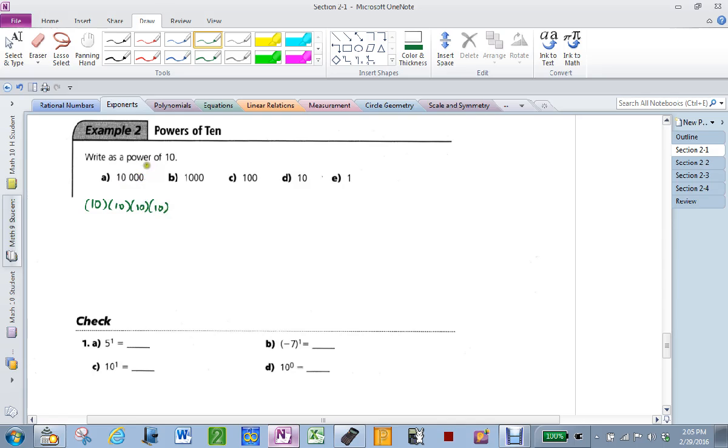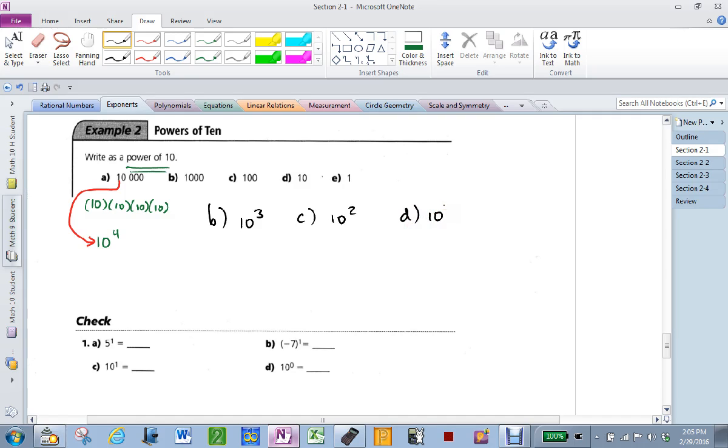So what is this as a power of 10? 10 to the 4th. Can you see a shortcut? Count the zeros. So what's B? 10 to the 3. What's C? 10 to the 2. What's D? 10 to the 1.